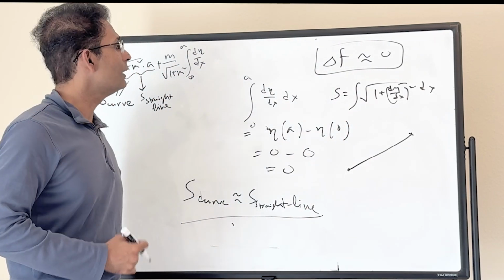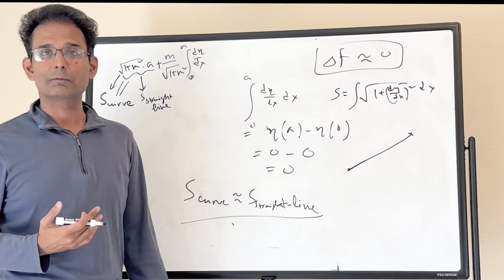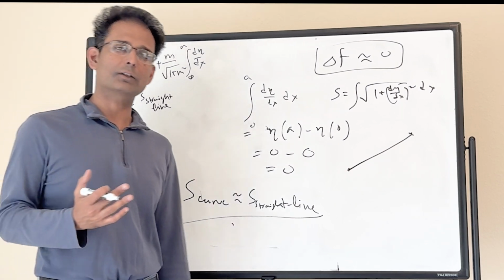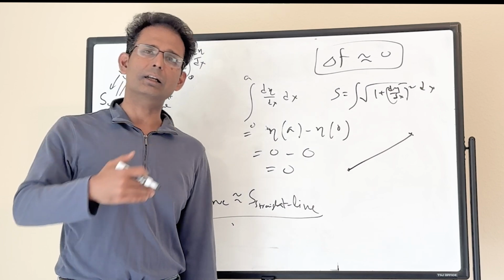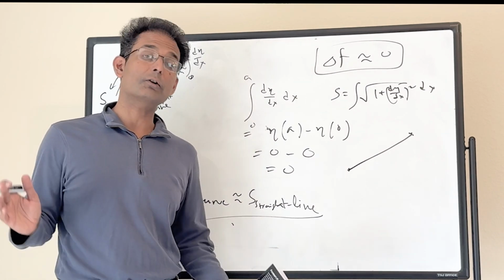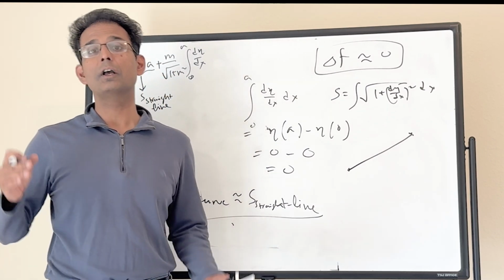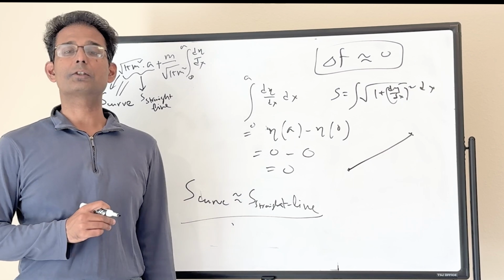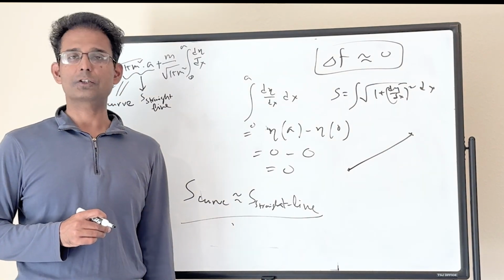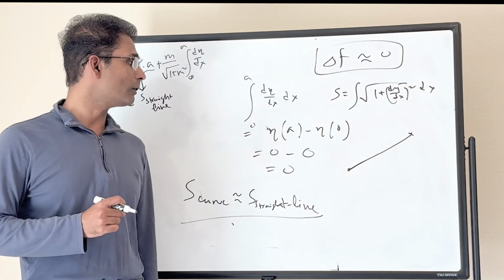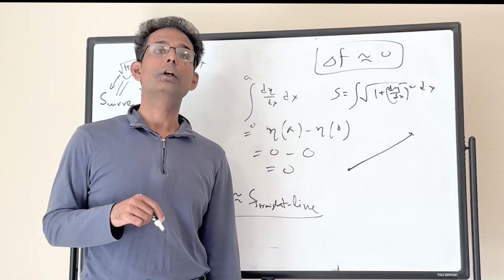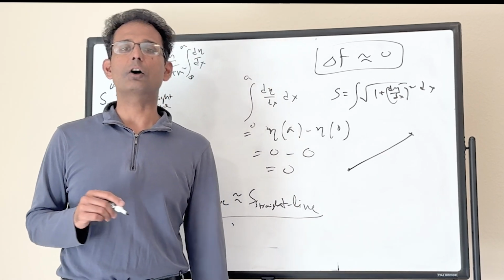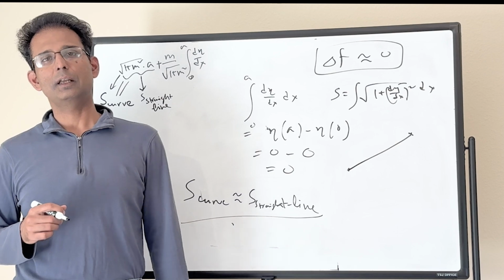It means that the functional doesn't change that much if you vary your optimal solution only slightly. Up to the first order of variation about the optimal solution, the functional doesn't change. That's called the stationarity principle, and we will use that principle to find the optimal solutions for different functionals.